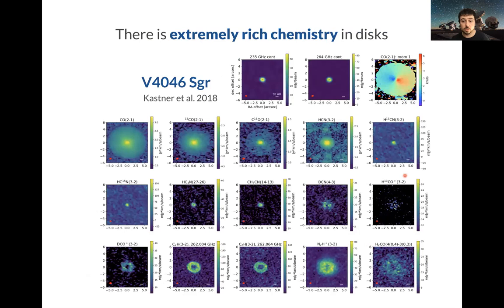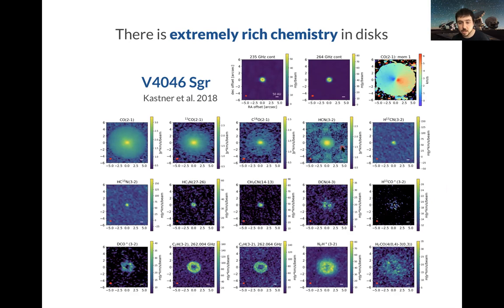Now, I was talking about CO, but there are so many lines that you can observe in protoplanetary disks. This is just one single example. These two thumbnails, those are continuum emission at different frequencies. This is the rotation pattern of the disk. But then all the other thumbnails are different molecules. You have the 3 different CO isotopologues.